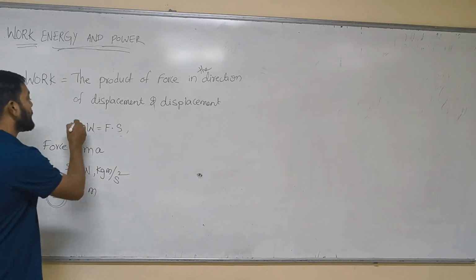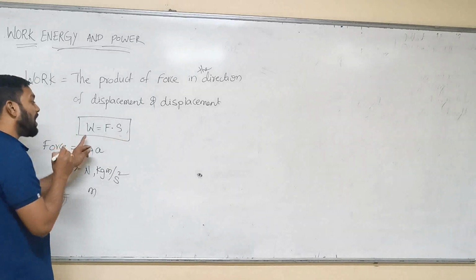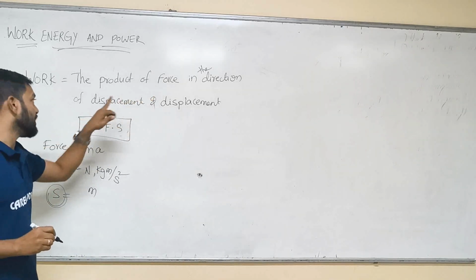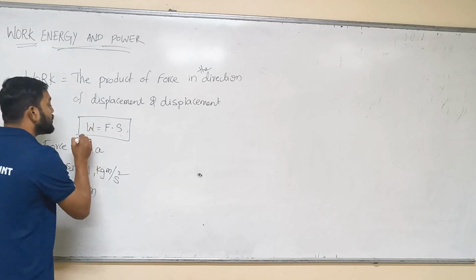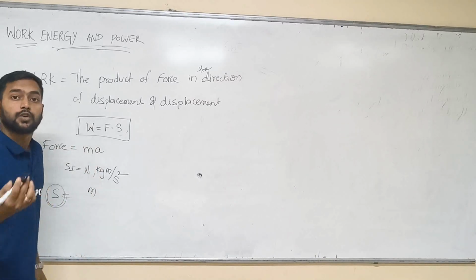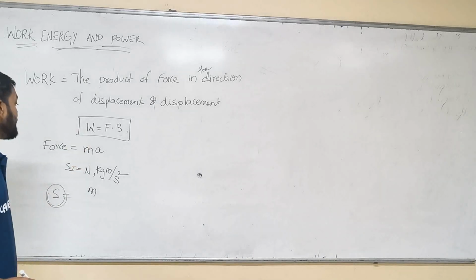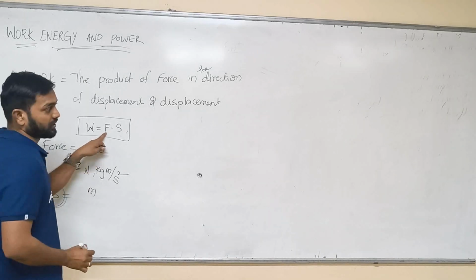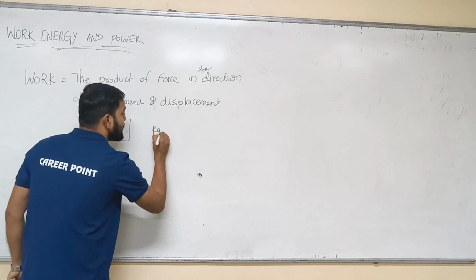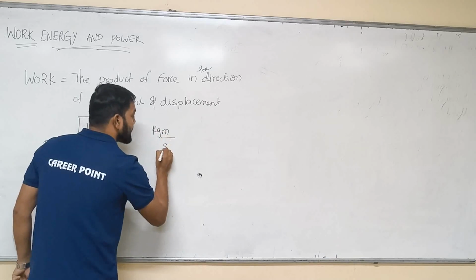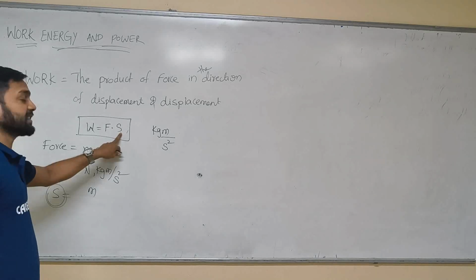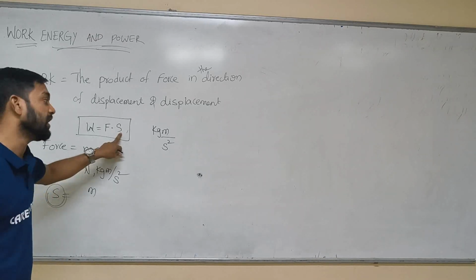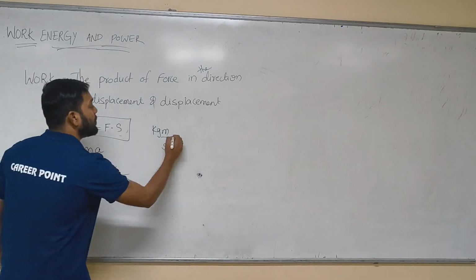So the work done is the product of force in the direction of the displacement and the displacement. What are the units of work? The unit of force is kg meter per second square, and the SI unit of displacement is meters.